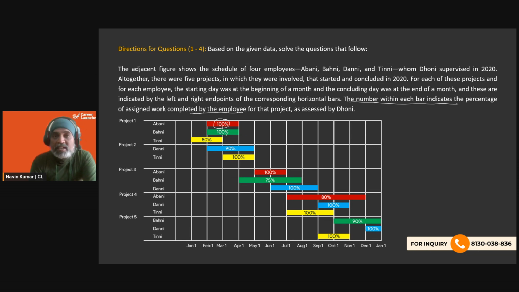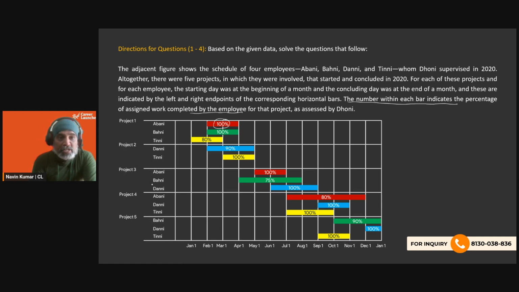So A was assigned whatever work. A was able to complete 100% of the work starting with 1st February until 31st of March. So every project or every assigned work started at the beginning of a particular month and ends at the end of a particular month, where the months may not be the same. The project may continue for over a month.